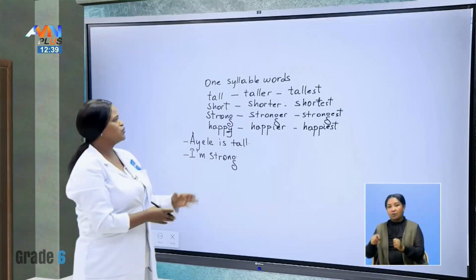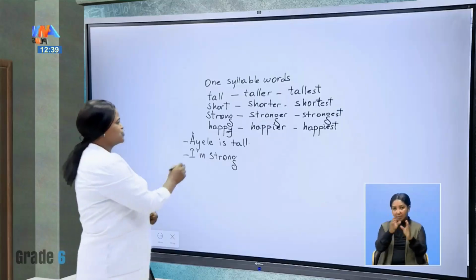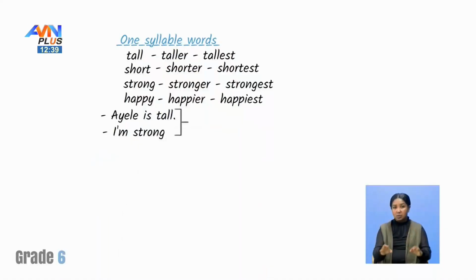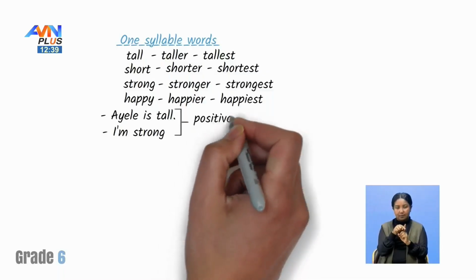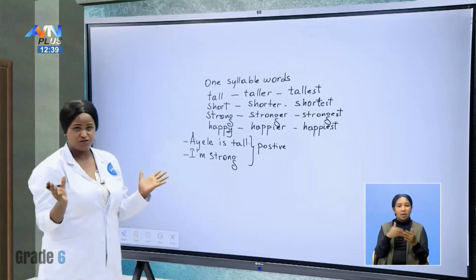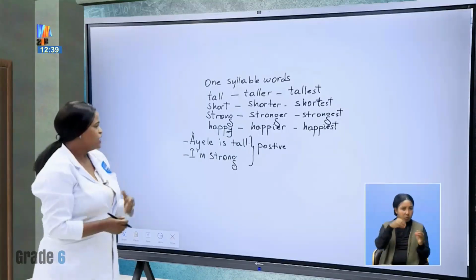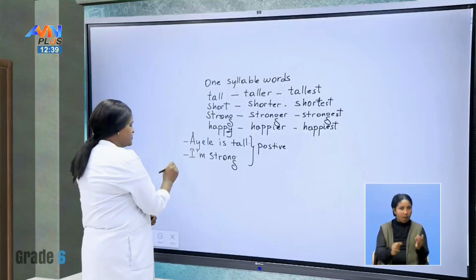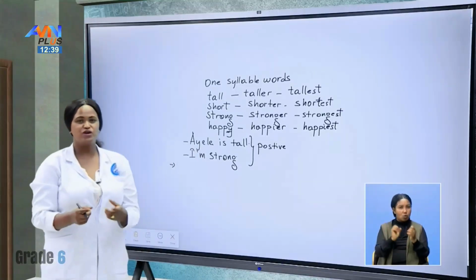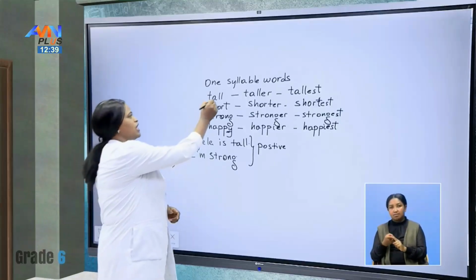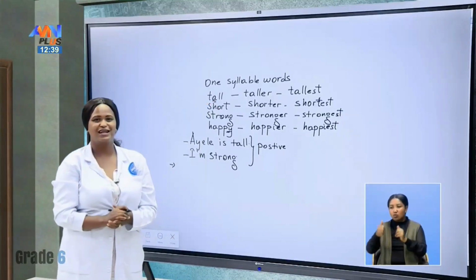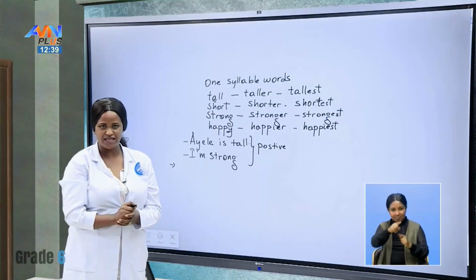Now let's come up with some examples. In these two sentences, we simply use what? The positive adjectives, or simply a positive without any other degrees, yeah? Let's come up with comparative. I want you to compare yourself with your friend based on how tall you are. Let me give you a few minutes to write down your sentences.